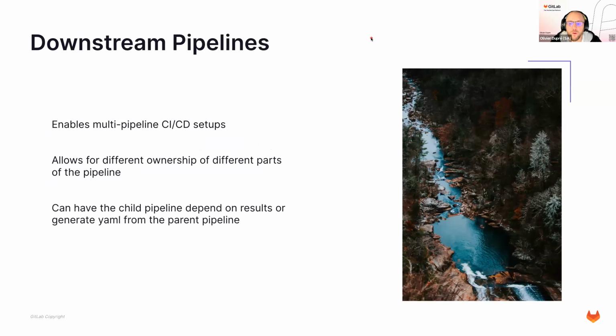So what is a downstream pipeline? It's basically a way to enable multi-pipeline inside a single pipeline. So I've got a main pipeline, and I can then trigger other pipelines from that main pipeline. And as I said, I can give there the ownership. There is a file called CODEOWNERS in GitLab, which allows you to give the right of modification, basically the edit rights on a given file, to a set of people.